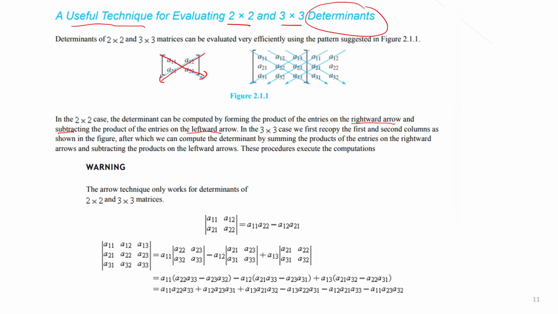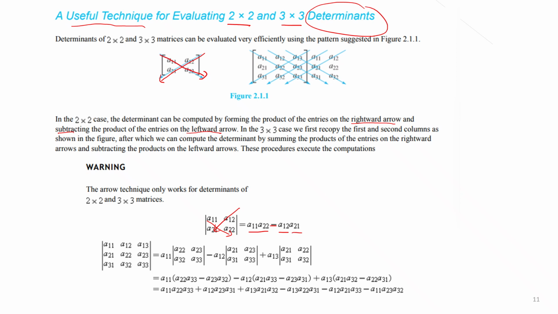So you have the one from top left to bottom right first, a11 multiplied by a22, minus the one along the leftward arrow, a12 multiplied by a21.